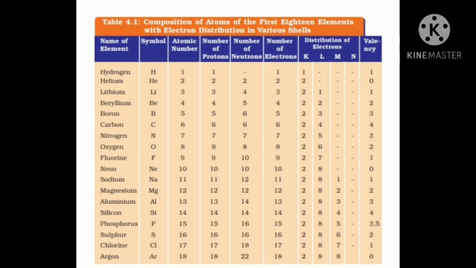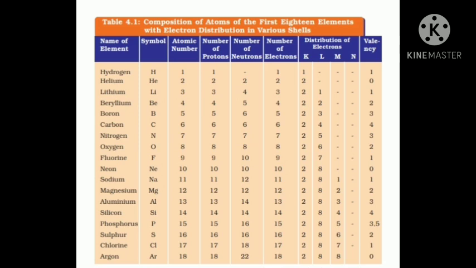Sulfur, symbol S, atomic number 16. So number of protons and electrons are 16, neutrons also 16. Distribution of electrons 2, 8, 6. 6 electrons in the outermost shell, so 8 minus 6 equals 2, that is the valency. Chlorine, Cl, atomic number 17, so protons and electrons are 17.